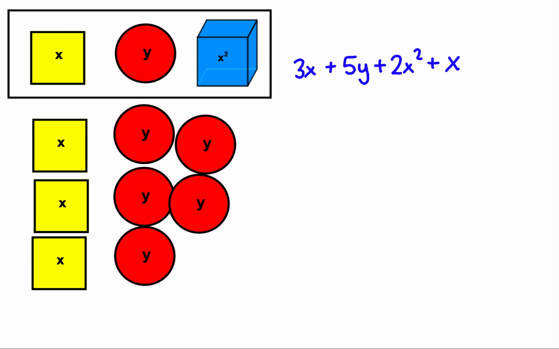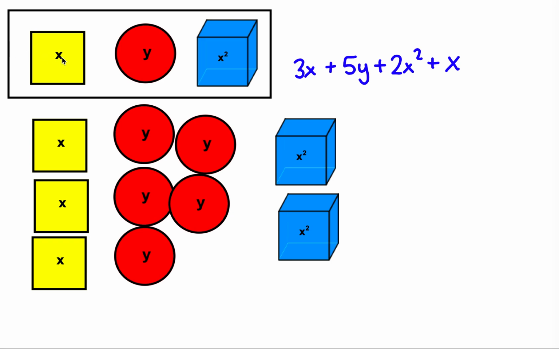That square tells me the x is actually a different shape. It's this cube here in my little picture. I have 2 of them, 1, 2, and then I have one more regular x. So when I combine my like terms and simplify that expression, I can take my x, bring it down over here, and then count up how many total I have. So my simplified expression for that one would be 4x plus 5y plus 2x squared. Like terms have the same variable and the same exponent.